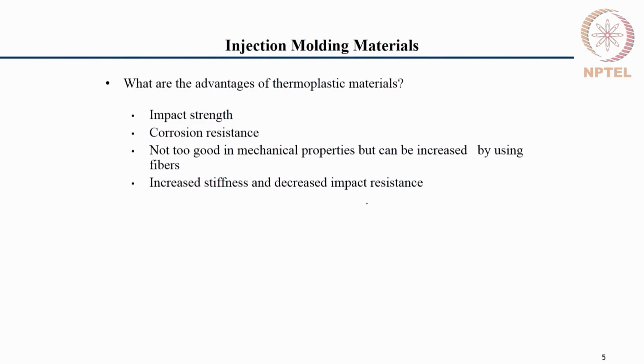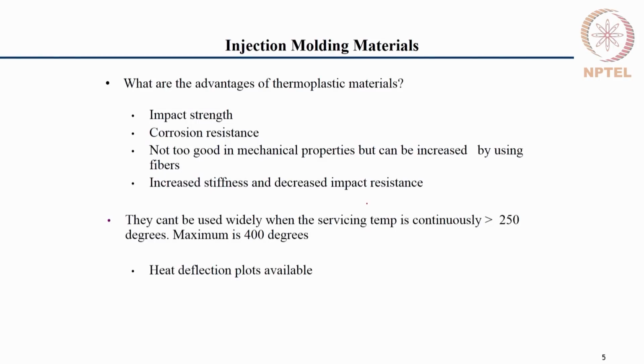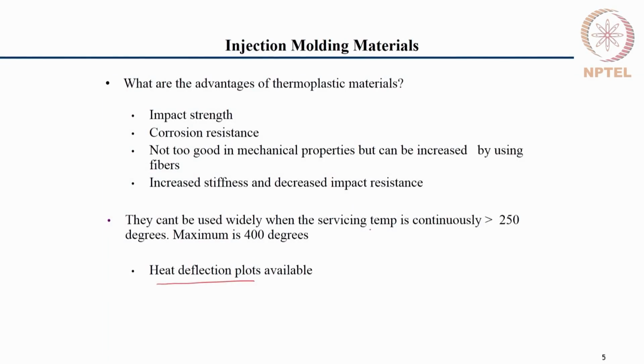Typical usage temperatures are up to about 200 degrees Celsius, and there are some grades of plastics which can serve at slightly higher temperatures. So, the heat deflection plots for different materials are available as design guidelines, which are used for making the choice of the material if there is a requirement for service temperatures at higher degrees.